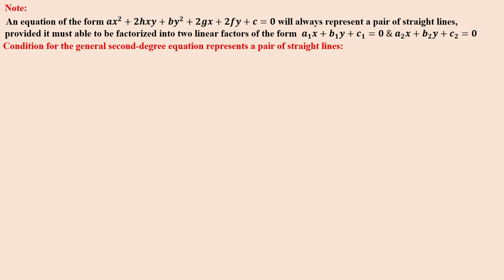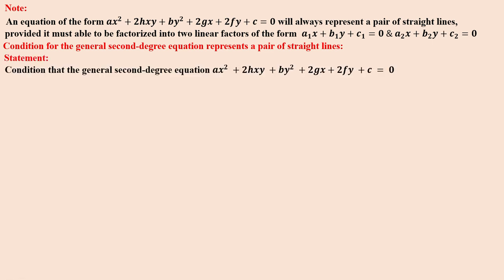That is the condition. Now next, the condition for a general second degree equation to represent a pair of straight lines. The condition that the general second degree equation ax² + 2hxy + by² + 2gx + 2fy + c = 0 should represent a pair of straight lines is abc + 2fgh - af² - bg² - ch² = 0.